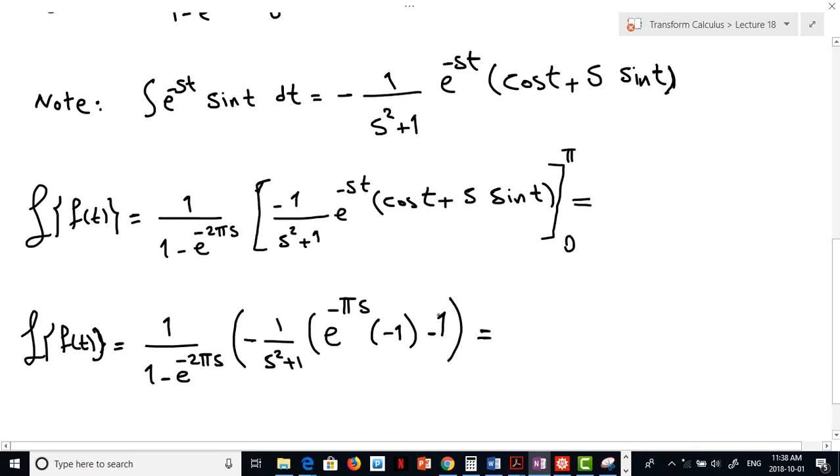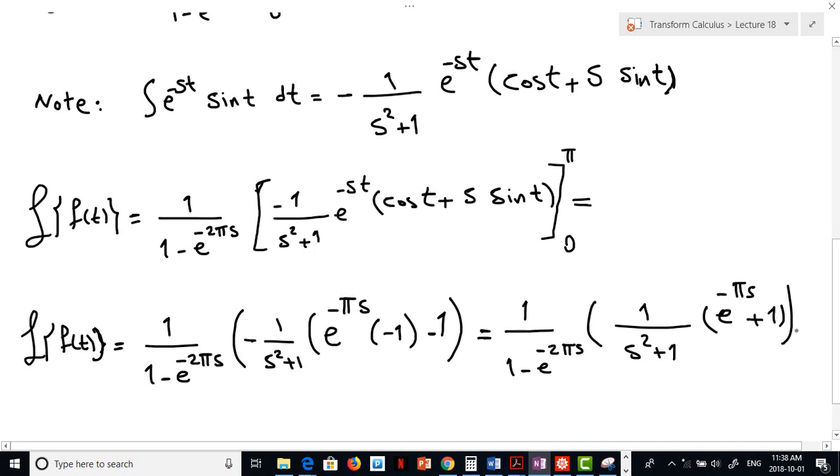If I simplify it, we have 1 over 1 minus e to the power of minus 2 pi s, times 1 over s squared plus 1, times e to the power of minus pi s plus 1.